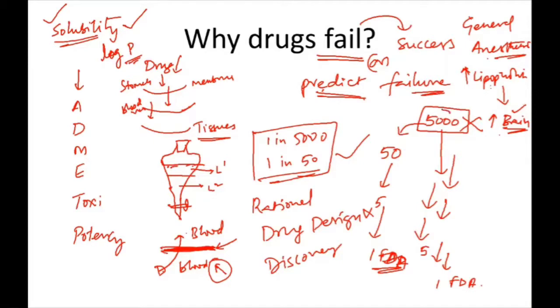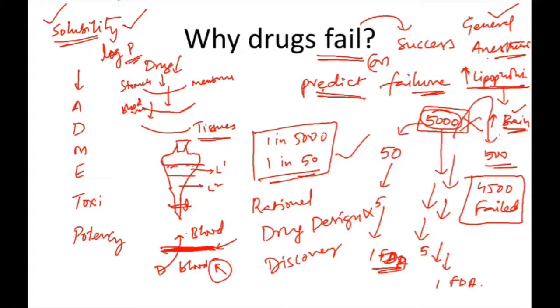If you have to synthesize 5000 molecules to discover a general anesthetic, you will first calculate their physicochemical property, so that only the highly lipophilic ones will be prepared. So there will be something like 500 molecules. The remaining 4500 molecules failed the solubility test, which is mandatory for a drug to concentrate in the brain.